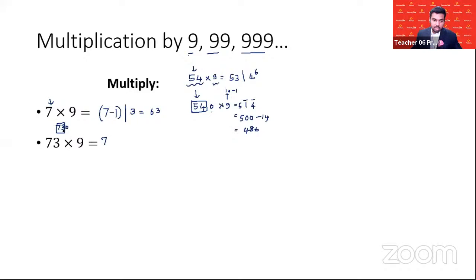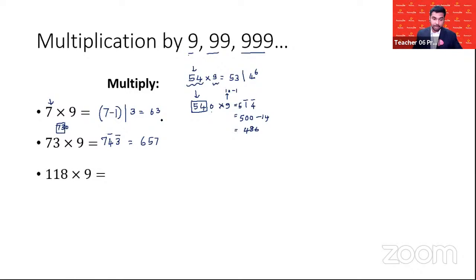The second digit is 3 minus 7. But 3 minus 7 is a bar number, which is 4 bar. And the third is 0 minus 3, which is 3 bar. So this is going to be 700 minus 43. This is going to be 657. You can verify for yourself.